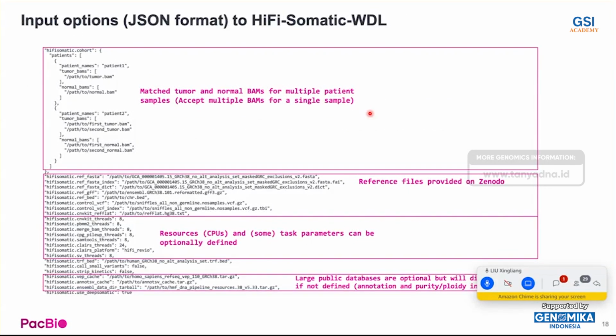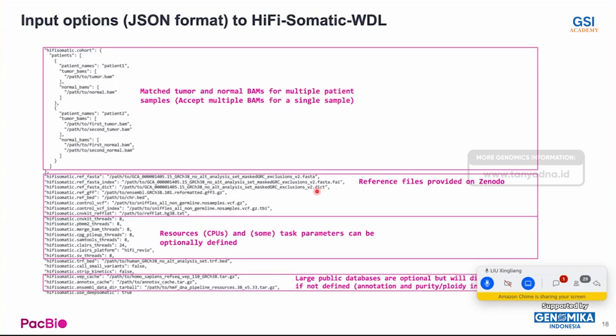Just for information, the usage of the pipeline is quite simple, as there's only one entry point. You just need to put everything needed by this pipeline into a single input JSON file. For example, you provide the paths of the tumor-normal pair BAM files. You also need to provide the reference files, which have already been uploaded to Zenodo.